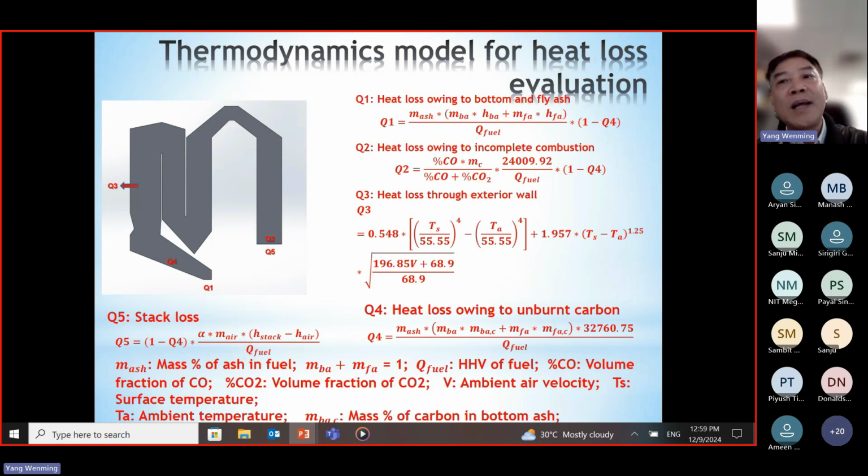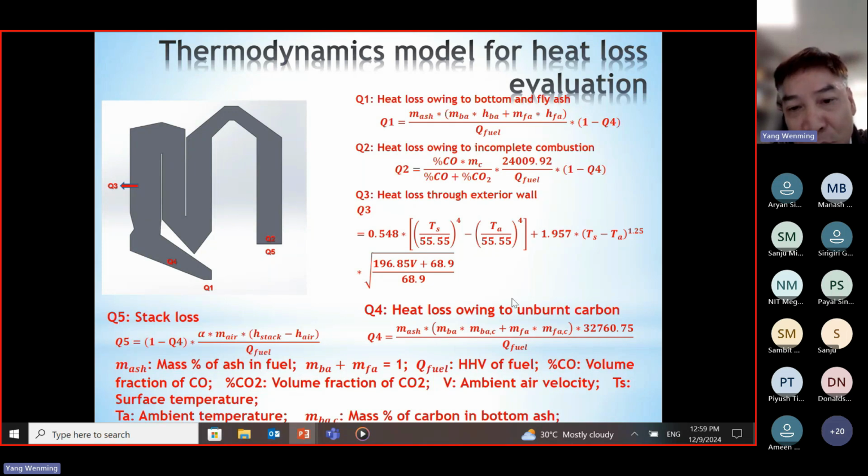Usually the external surface temperature can be 40 to 50 degrees C. As a result, we have heat loss through the outer surface by radiation and by convection heat transfer, correct?